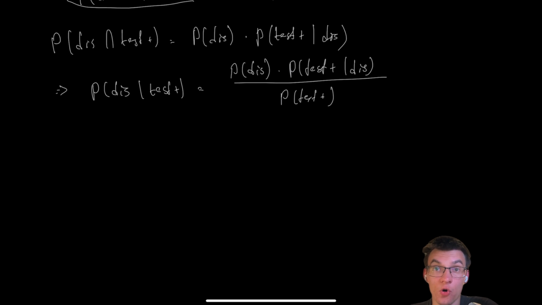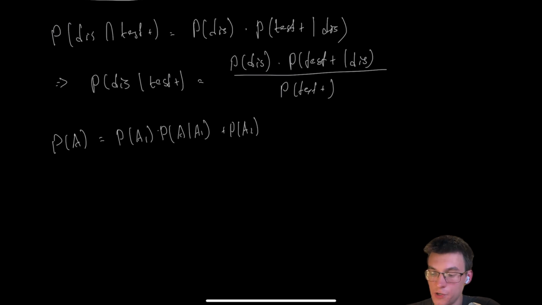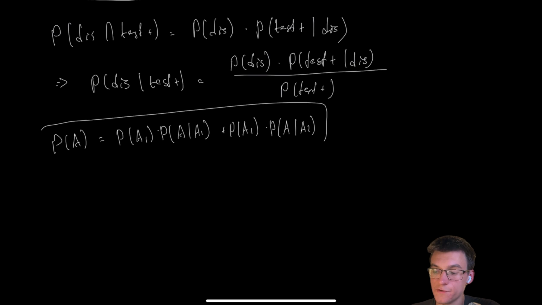Moreover, based on our previous lessons, we know that the probability of an event A will be equal to the probability of event A1 times the probability of event A given A1, plus the probability of event A2 times the probability of event A given A2, if one of these events, A1 or A2, may result in the event A. We already considered this formula in our previous video. Please get back to that video and recall this formula.